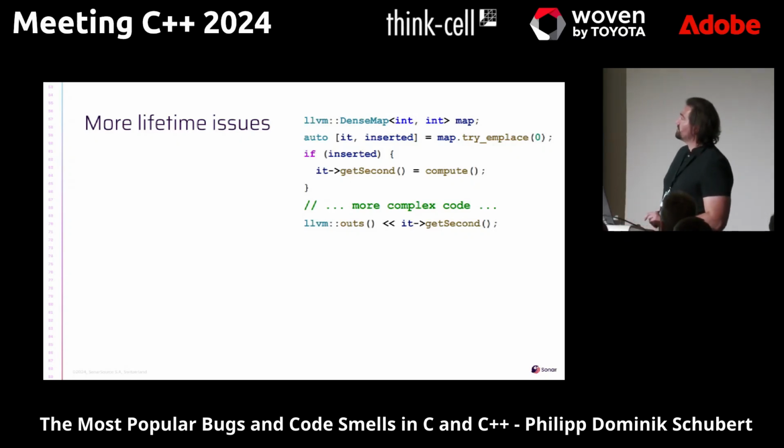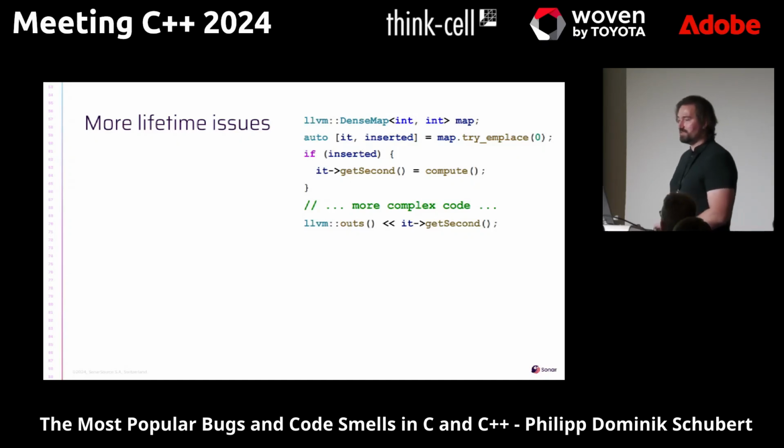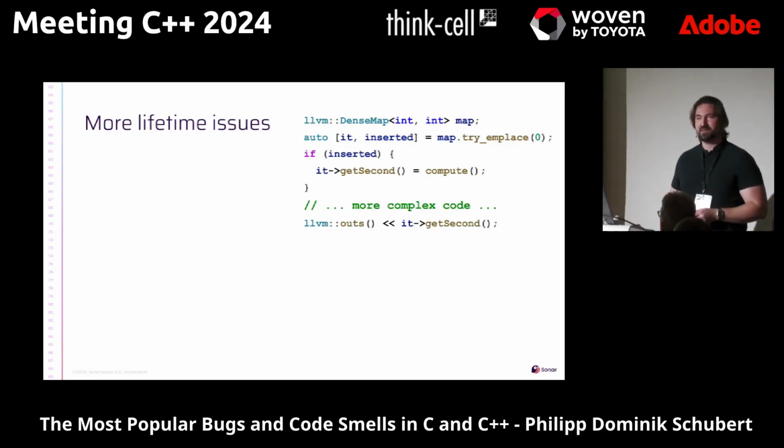If the insertion did not take place, well, then there has been already some value associated with that key, and I can just use it directly and maybe print it to the output stream, what have you. The problem is, that's a real example, so that is a bug that I created. I also do make mistakes. So I had some more complex code in between. Under some conditions, I was also inserting even more stuff into that map.